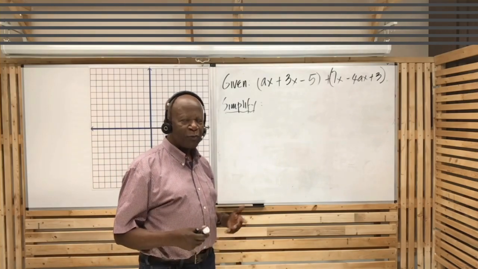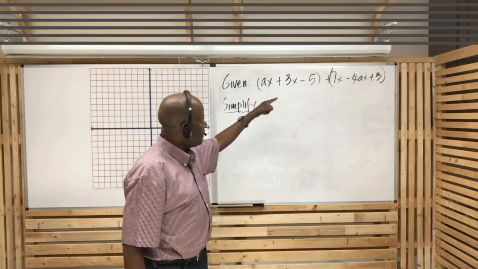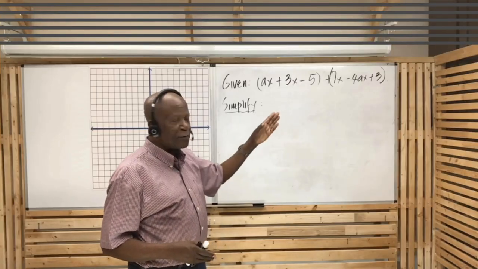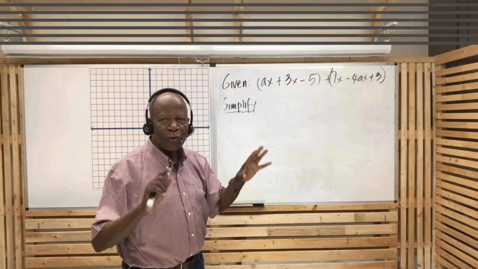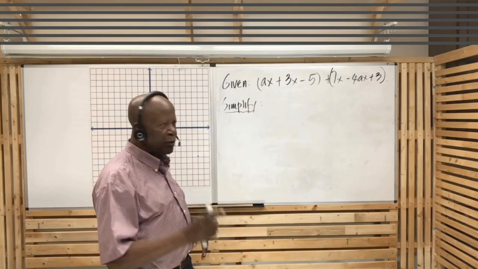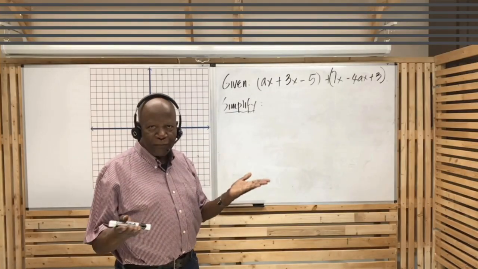It says here, given ax plus 3x minus 5, in brackets, plus 7x minus 4x plus 3, the two algebraic expressions, you're required to add them. The first thing we do is to simplify, remove the brackets.